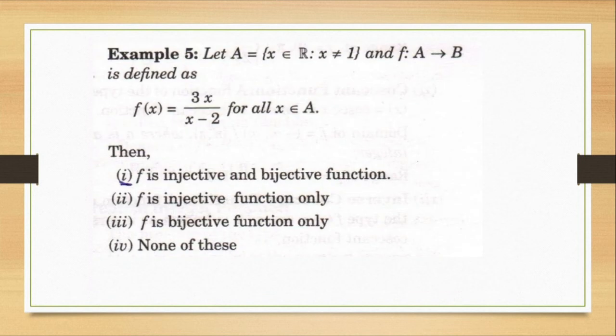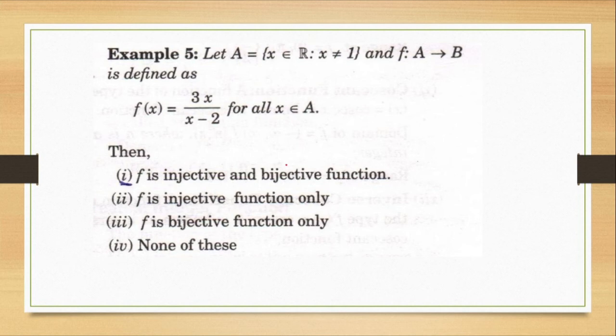So example: let A equal to x belonging to real numbers R and x not equal to 1, and f: A to B is defined as f of x equal to 3x upon x minus 2 for all x belonging to A.